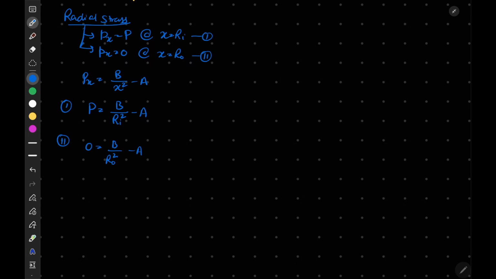If we use both equations and subtract them, we obtain b is equal to p times Ri square R naught square divided by R naught square minus Ri square.